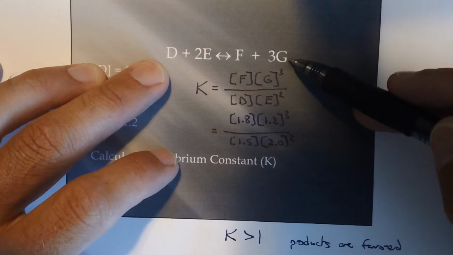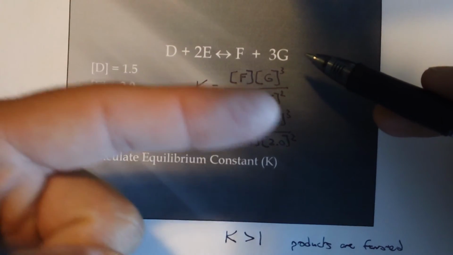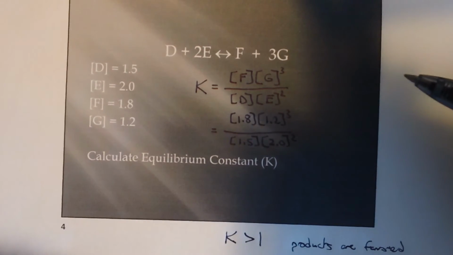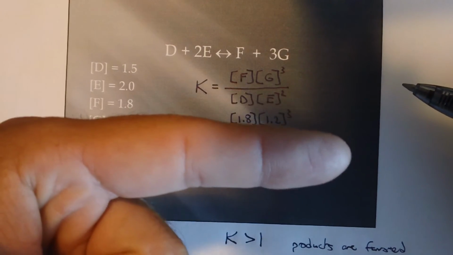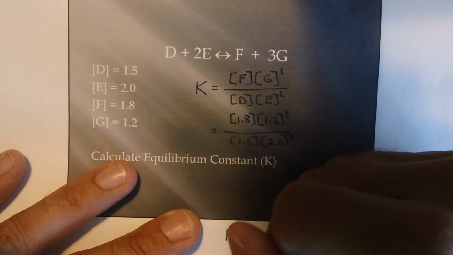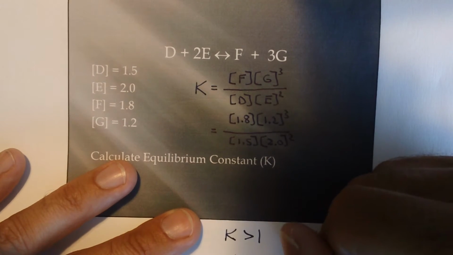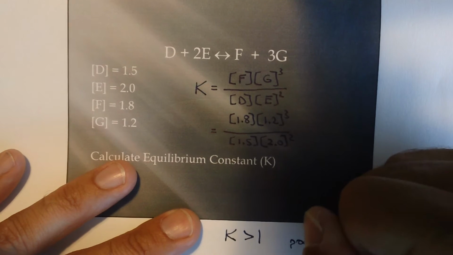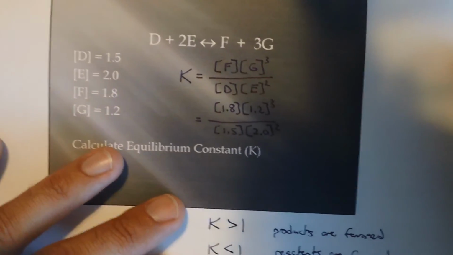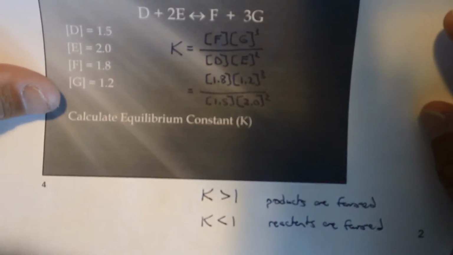That means in this reaction, we would have a higher concentration of F and G than we would have of E and D. The reaction would be favored towards the product side. If K is less than 1, then reactants are favored. That's how we describe that. Fair enough?